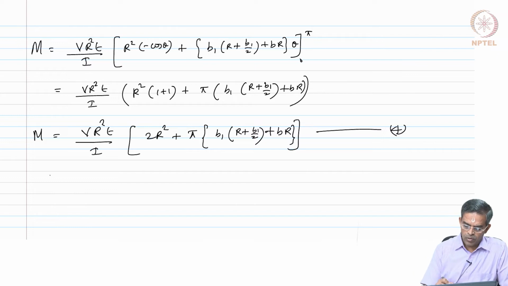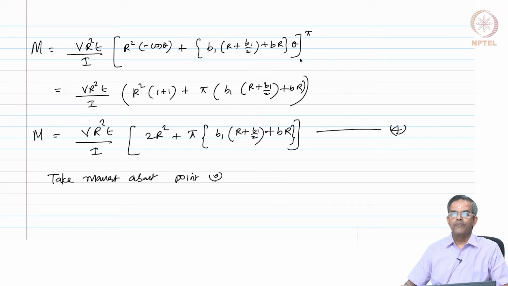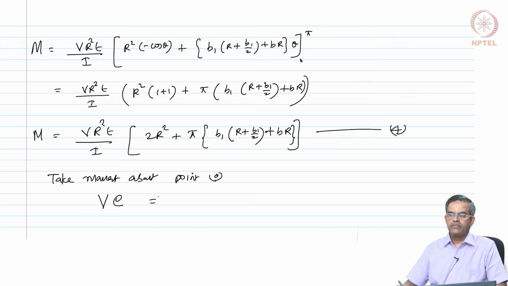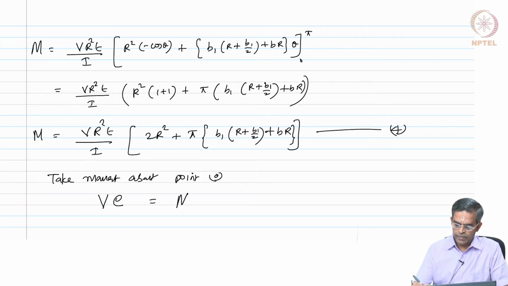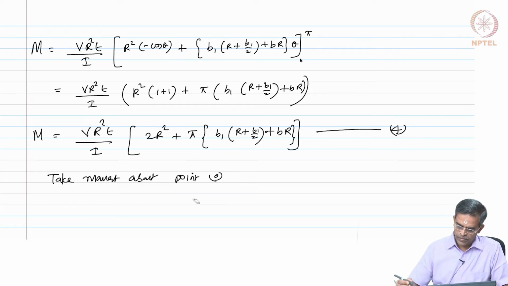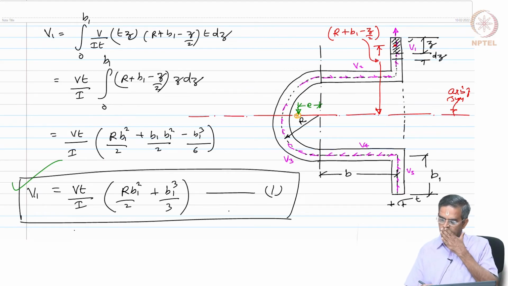Now, we will take moment about the point O. Take moment about point O, we get V into e should be equal to M. Let us look at this figure and write this equation. We will copy this figure and write this equation.